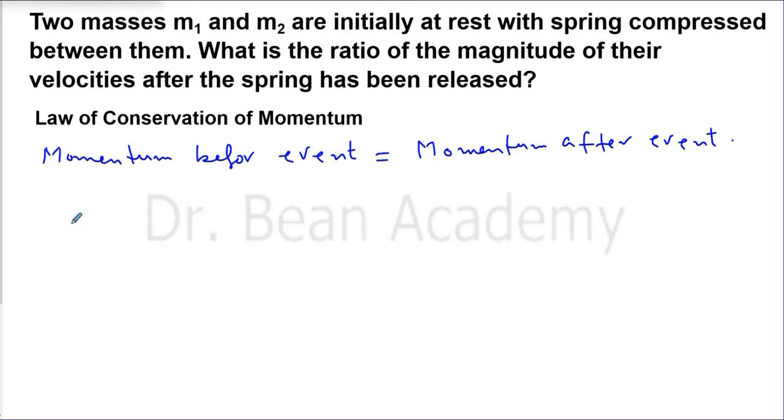We know momentum is mv. So I can write the momentum before the event as m1 and vi1, the velocity of mass m1, where i tells us that this is the initial velocity, the velocity before the event, plus, because the second mass is also part of the system, we have to put its momentum too, m2 vi2. This should be equal to the momentum after the event.